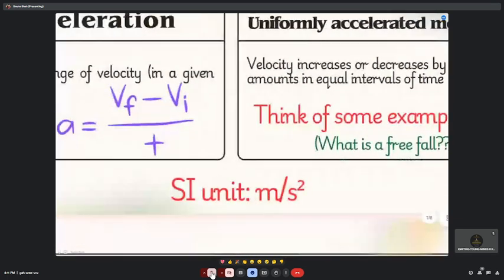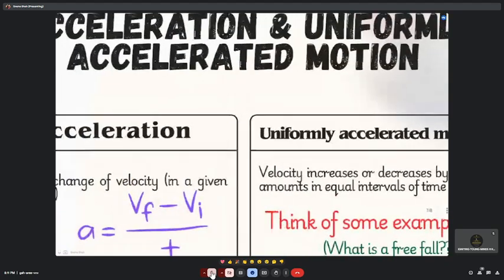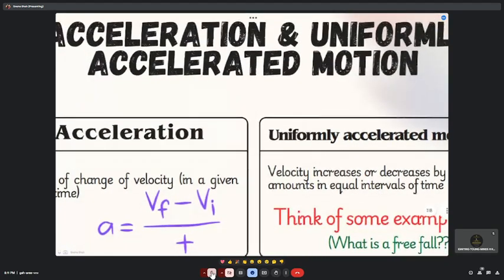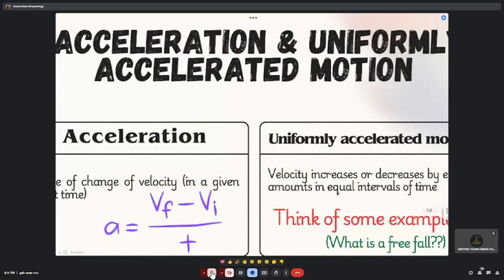Okay. So these are the basics of motion, the physical quantities associated with motion. Next, we are going to understand how you represent motion through graphs.